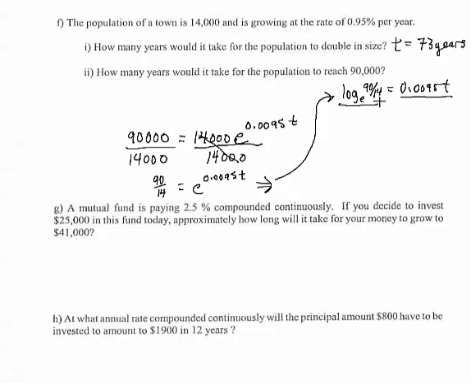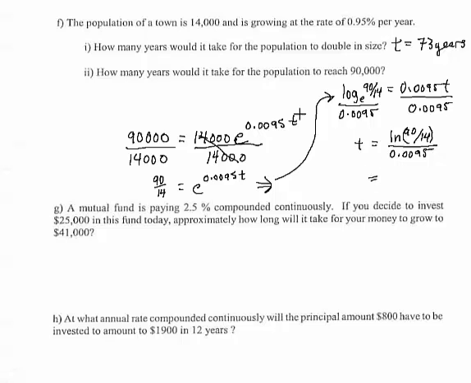To get the t by itself, we divide by 0.0095 on both sides. And so in the end we get t equals this expression, and I'll write it using the natural log ln. So this is the natural log of 90 divided by 14, and then we divide that by 0.0095.